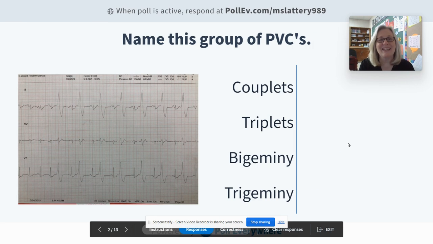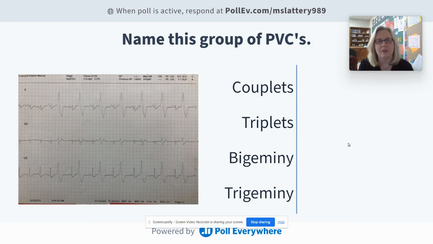It says to name this group of PVCs. We have four options: couplets, triplets, bigeminy, or trigeminy. If you remember from the last lesson, couplets were a couple, two of them stuck together. Triplets were three in a row, three little triplets, PVCs that is.